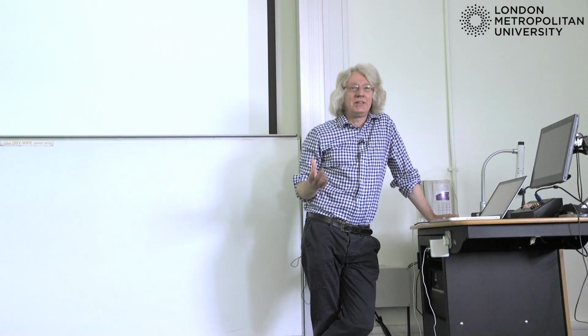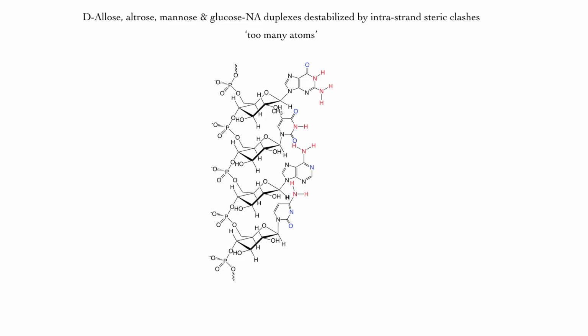Well, basically you've got too many OH groups. They're larger, you get intra-strand steric clashes. As Eschenmoser himself put it, these sugars have too many atoms. As you can see, here's glucose. This is glucose DNA.